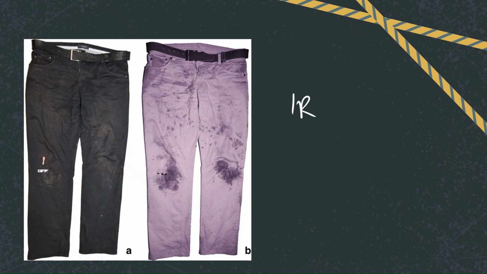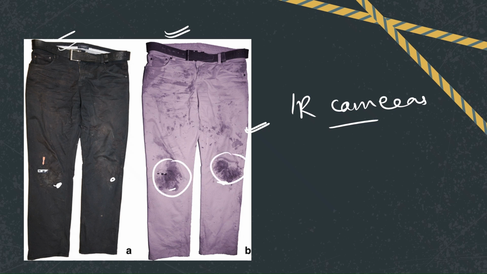Now let's talk about the IR cameras. Okay, let's look at these two pairs of trousers, and on the right pair, which is under the IR photography, the stains are barely visible under normal lights, and it becomes dramatically clear when you look at the IR photographs.